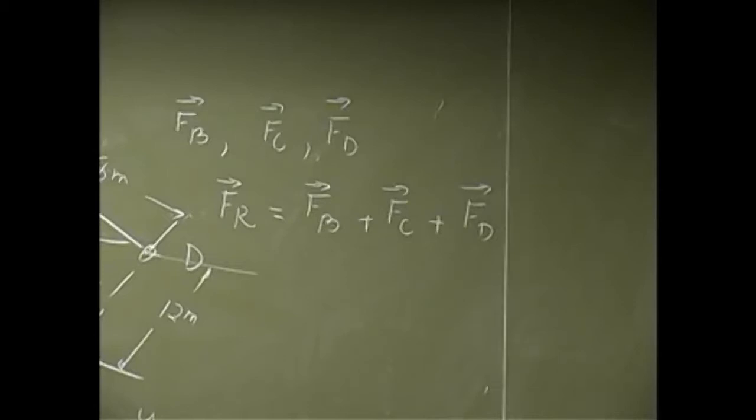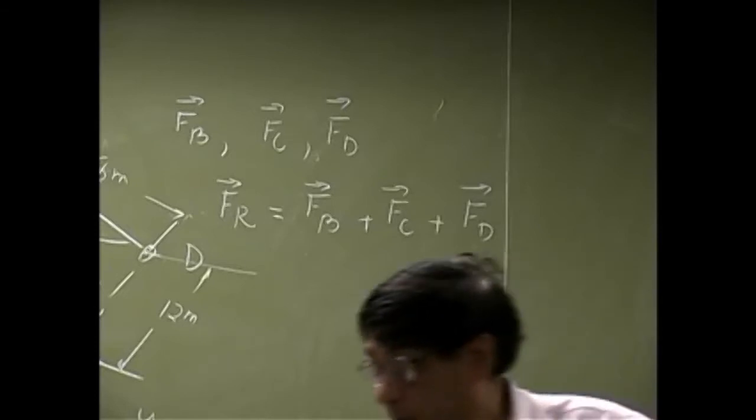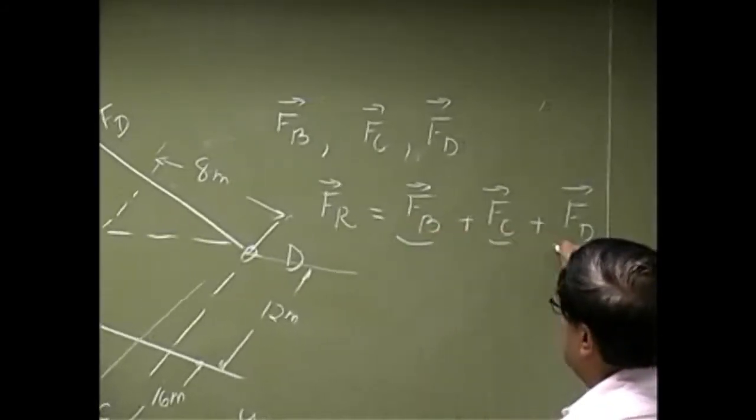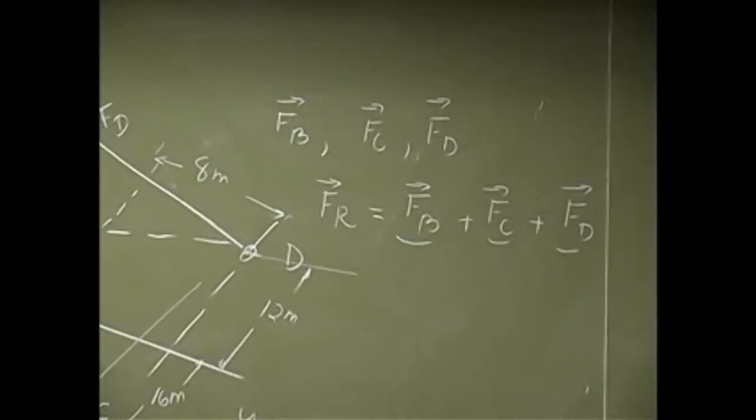And once you have the resultant vector, then you have another set of equations that allow you to find the magnitude and the direction. So the whole problem boils down to basically writing these forces in vector form.